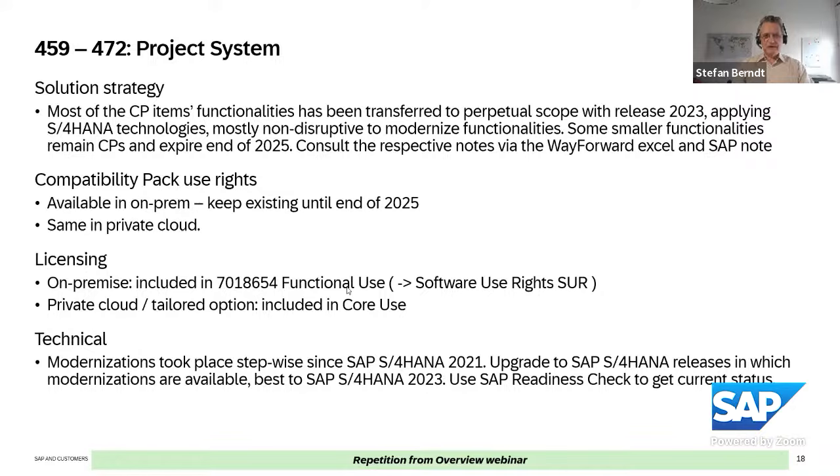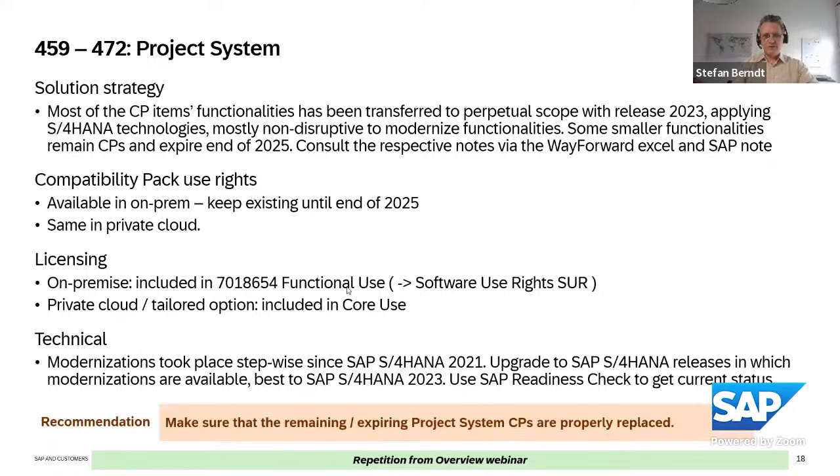Again, similar to warehouse management and HCM, there are smaller functionalities which we decided to sunset in this context and which expire end of 2025. You find them again in the respective central node we have created for that, and then of course in the readiness check where this is provided.